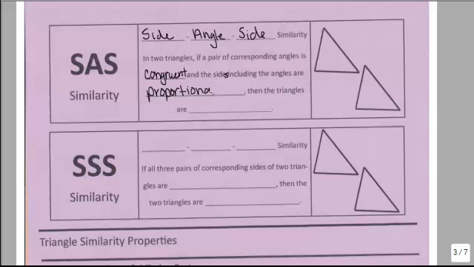Remember, similar triangles are not congruent, they are proportional in the sides.